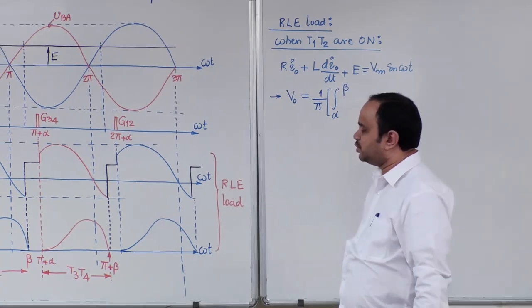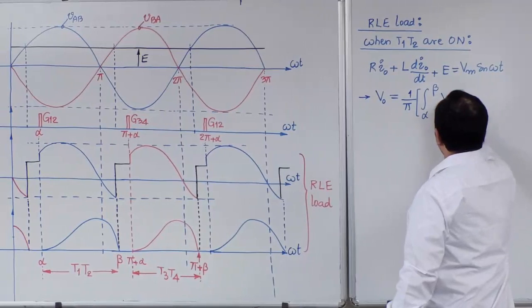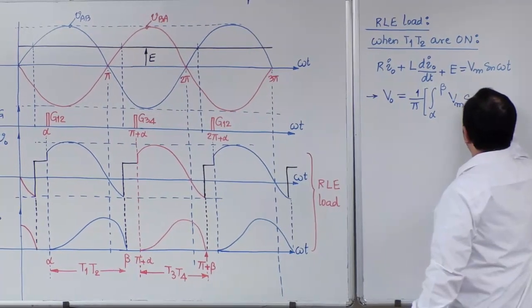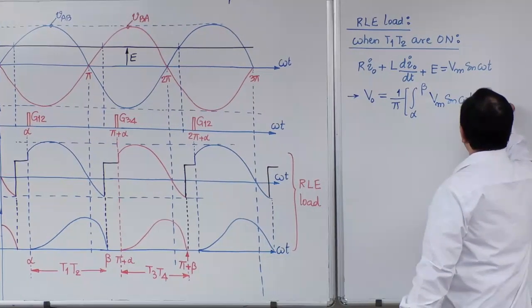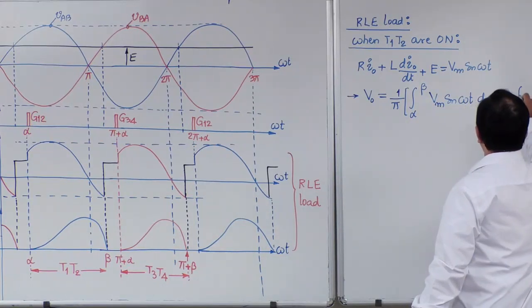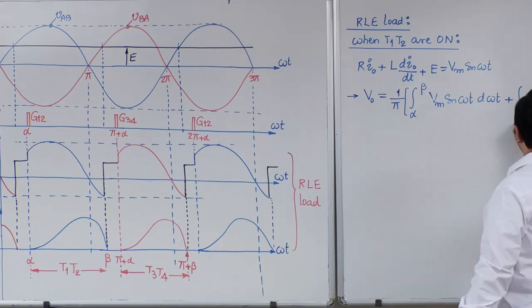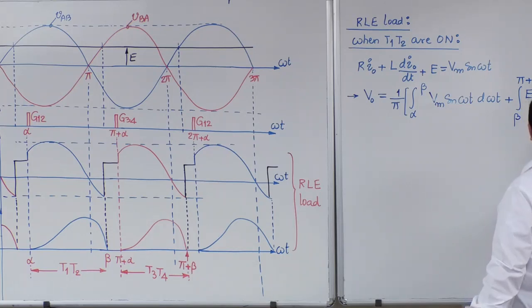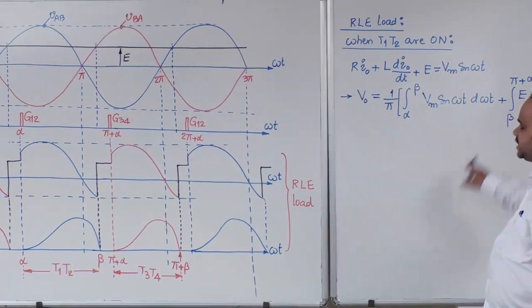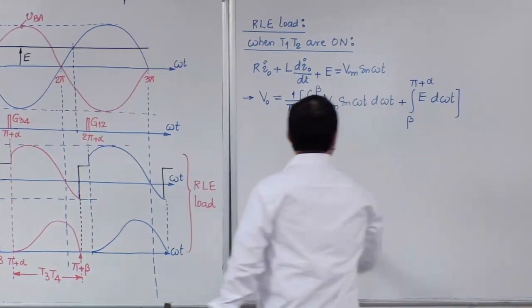Alpha to beta, blue color sinusoidal. Equation for that blue color sinusoidal is Vm sin omega t d omega t, plus integration from beta to pi plus alpha, d omega t, load EMF E, and integration with respect to x-axis.